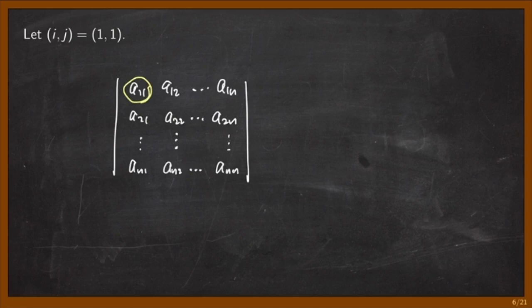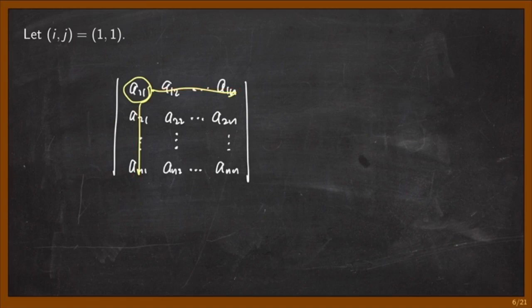And then, having selected a11 as the entry in the first row and first column, notice that for the rest of the factors in a term, we only need to get a factor over this region, because we cannot obtain a factor from this, since we cannot repeat a row or a column. You remember that?